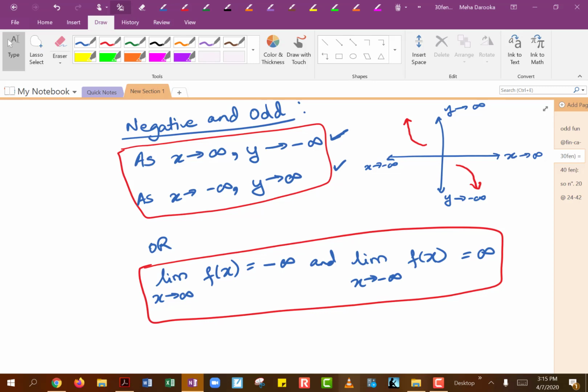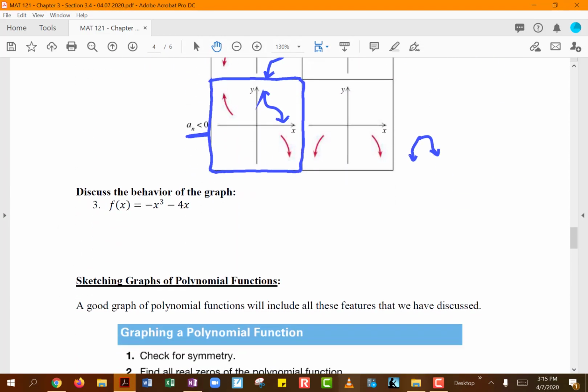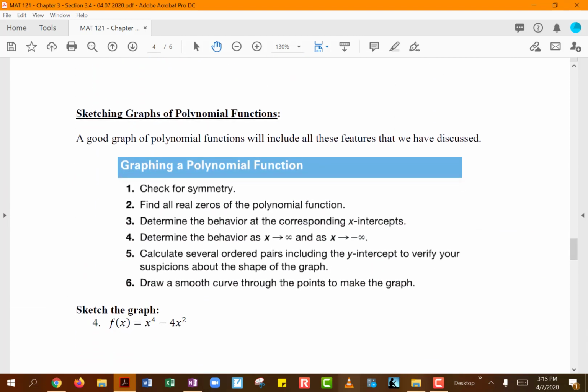Okay? Now that we have looked at all three of these different characteristics, I guess I could call them, for our graph, we're ready to put it all together. When you're starting to graph a polynomial function, you of course want to look at its symmetry. So look for what kind of symmetry it has.